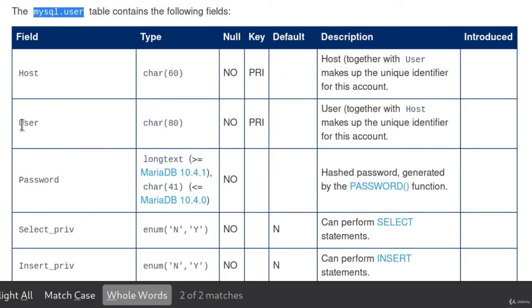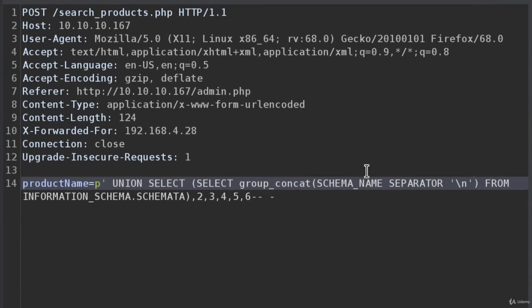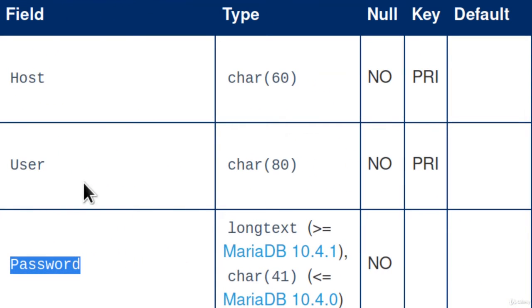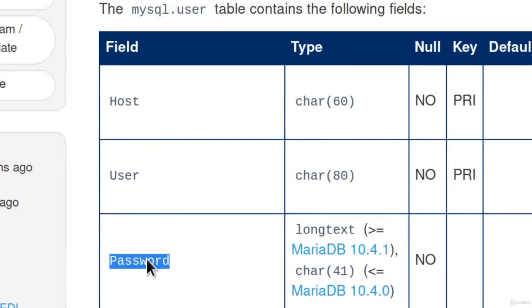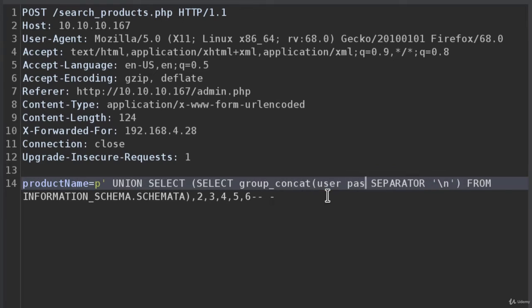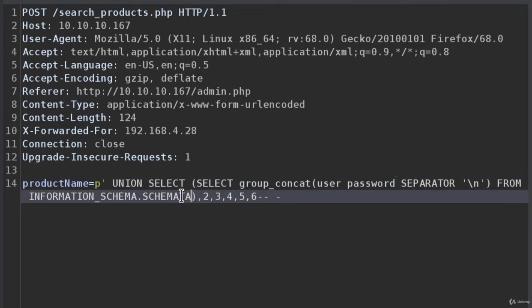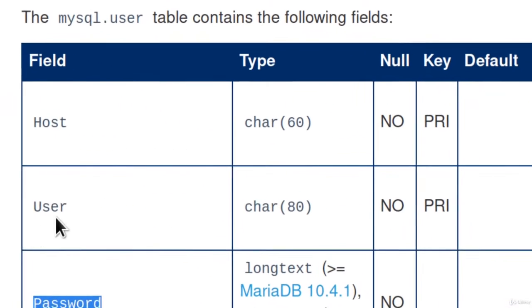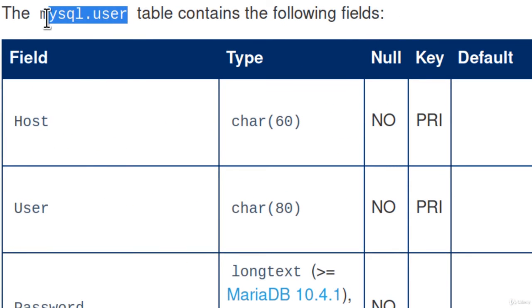We should be able to use SQL injection to get these two fields out of this table, user and password. So instead of selecting the schema name, we want user, password from MySQL.user, right? That's the table, MySQL.user.